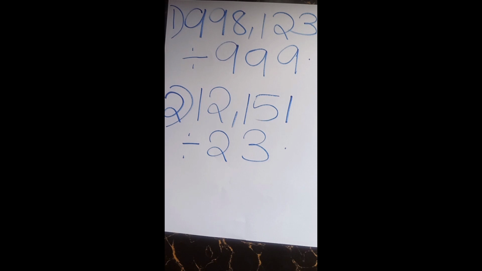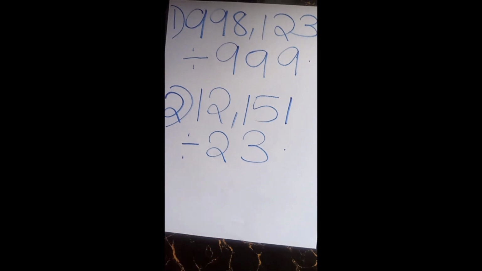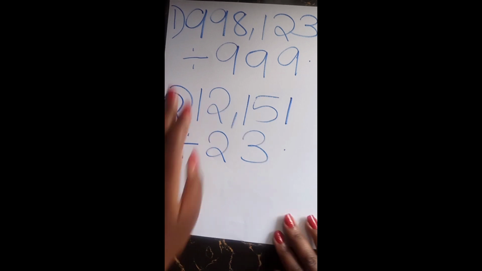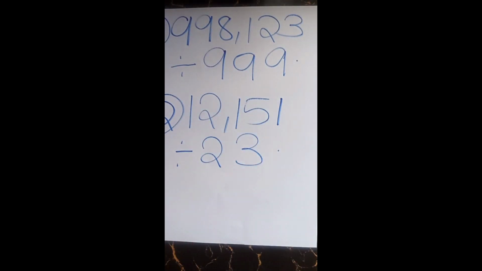So let's go through this question. Anytime you see a question like this, you should automatically know that you need to know table 999, which won't be a problem because we covered that some time back.